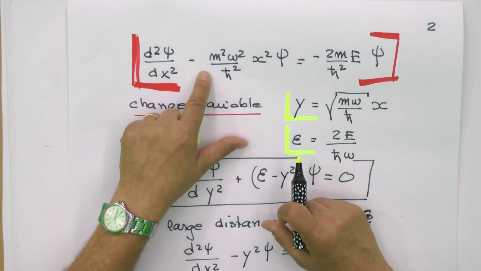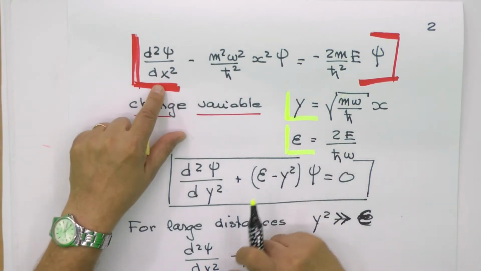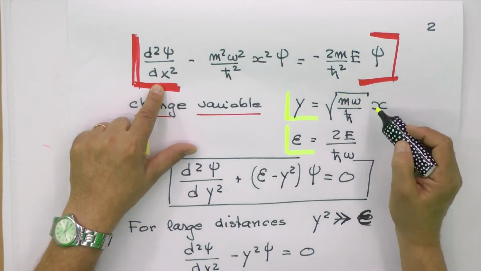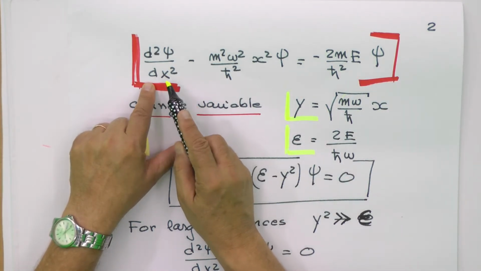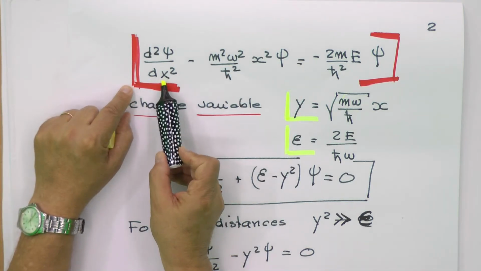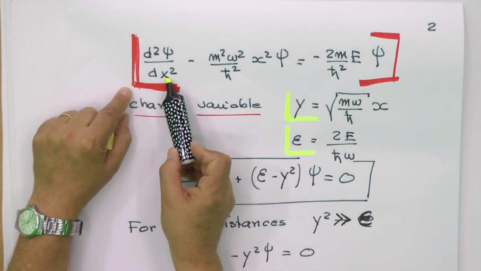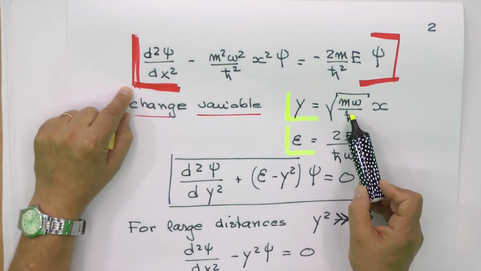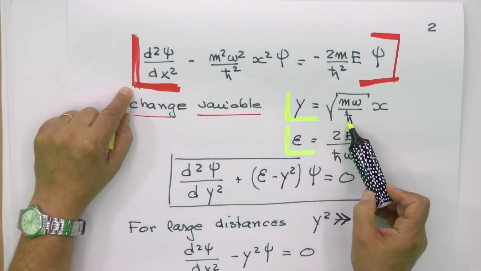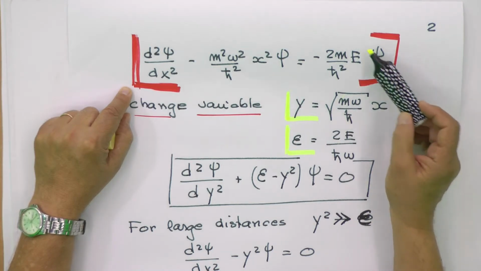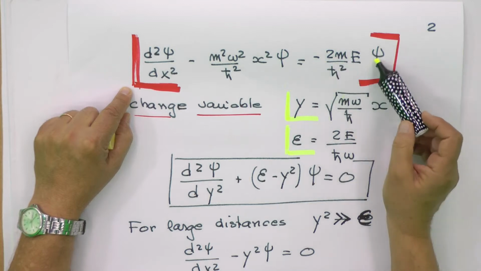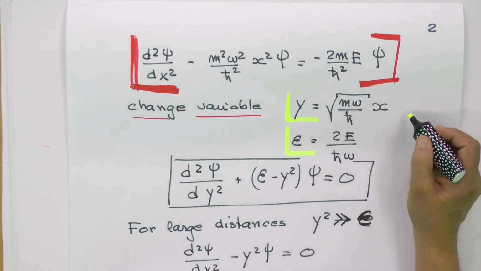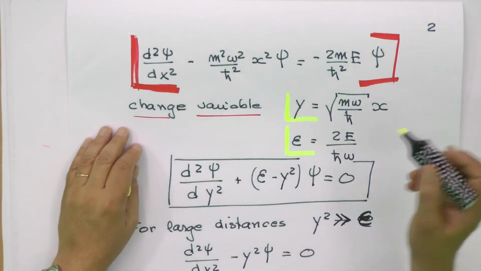But then don't forget that y is the square root, because we're going to need an equivalent term here. So you're going to have in this x this term squared, right? Because it comes twice. So it's going to be m omega divided by h bar, and therefore equivalent here. We're going to have to make this.